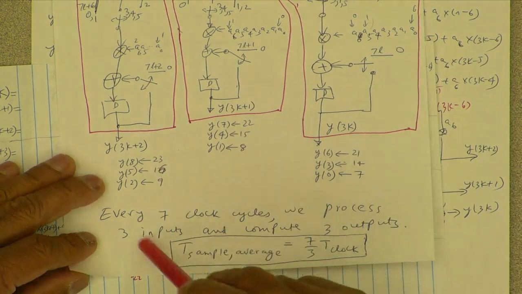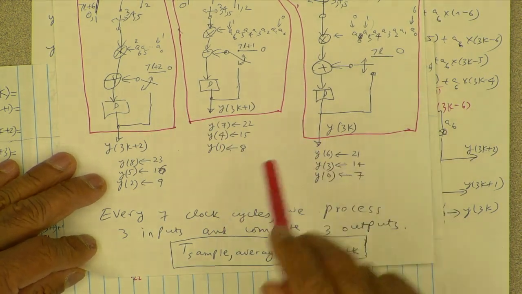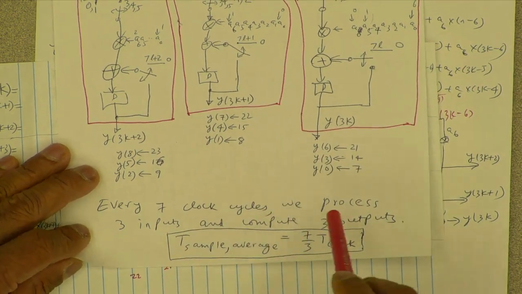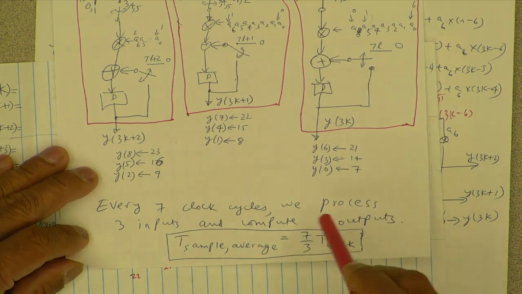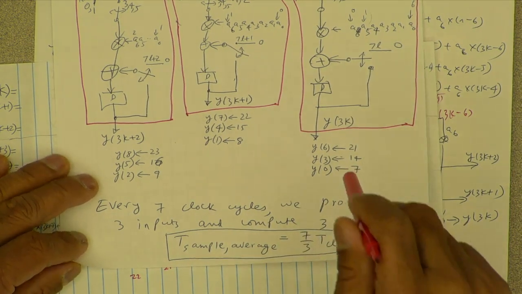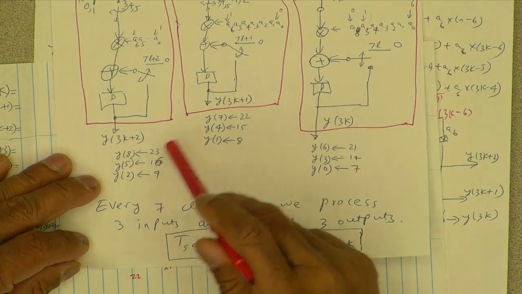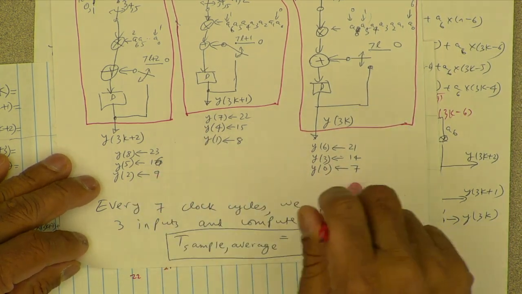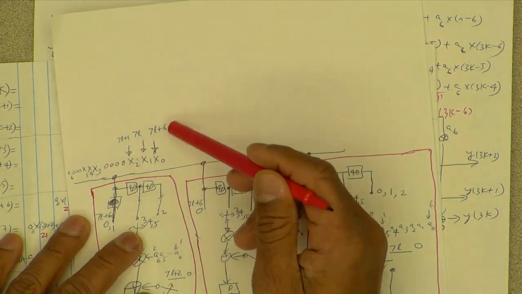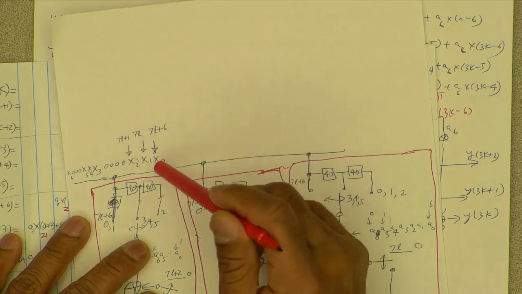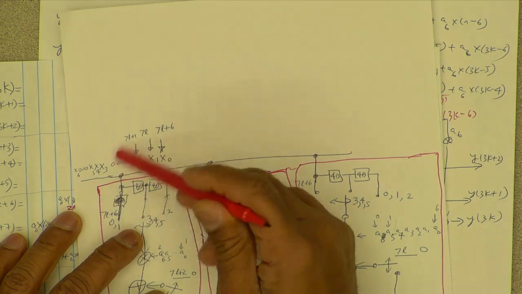So, every 7 clock cycles, because we are computing 3 outputs in parallel, we can process 3 inputs and compute 3 outputs. In clock cycles 7, 8, 9 we compute 3 outputs, and for the next 4 we do not output anything. In the same way, in clock cycles 6, 7, 8 we feed x0, x1, x2, then we feed nothing, these are dummy.